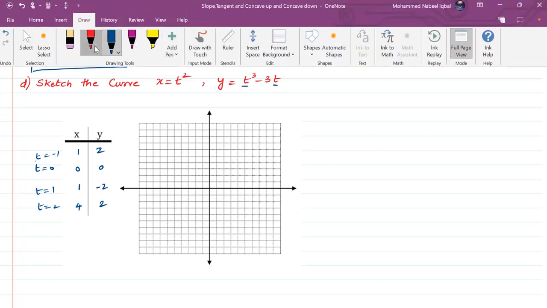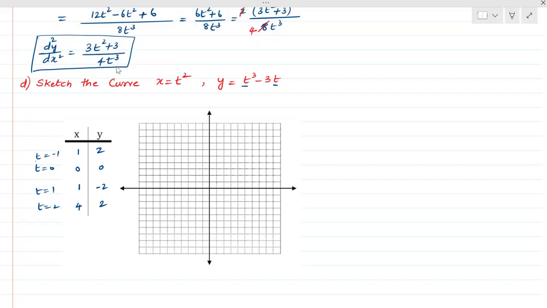This first one is 1 comma 0. It will be here somewhere. Then 1 comma 2, then 0 comma 0. Then it goes to the next one, 1 comma minus 2. Then it goes to x equal 4: 1, 2, 3, 4, so 4 comma 2.